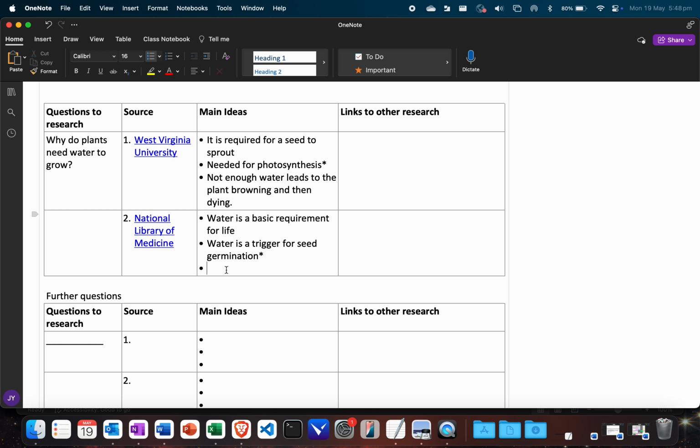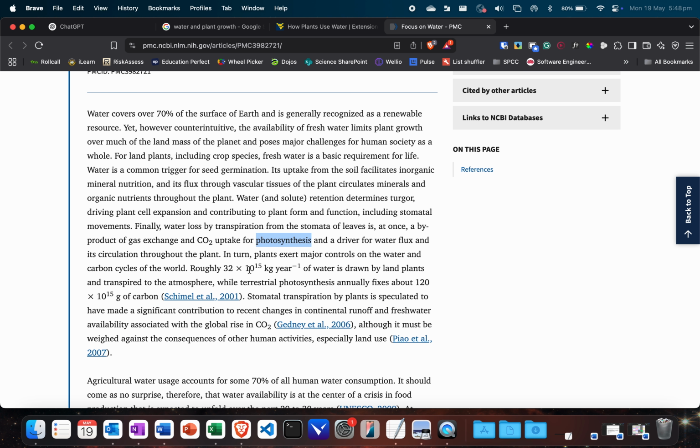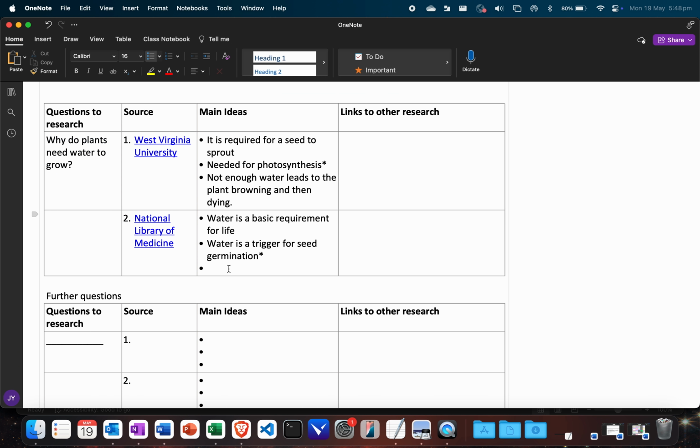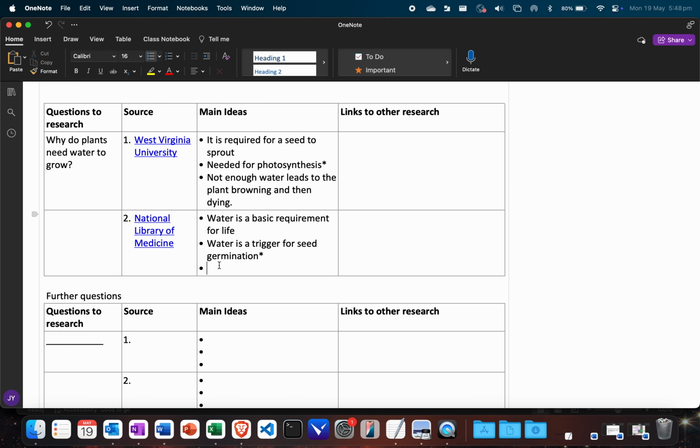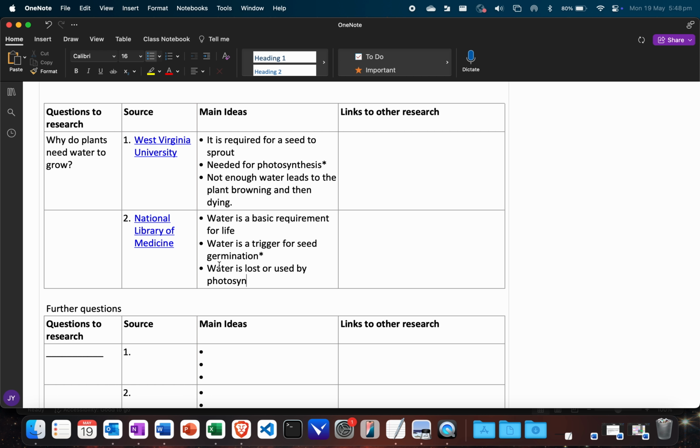Okay, so that's kind of the idea I think I'm getting from that sentence. All right. Or it's somehow used by photosynthesis. Okay, so it is lost or used by photosynthesis. Okay, again, I'm a little bit confused on that one.